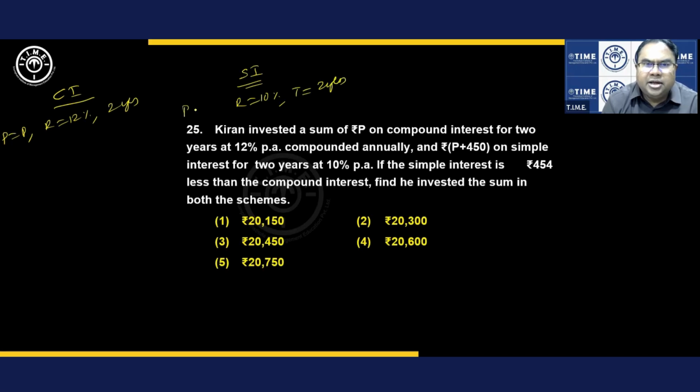He has invested P plus 450. Okay, simple interest is 454 less than compound interest. What is my compound interest? I can find 2 years net rate of interest. 12 plus 12, x plus y plus x into y by 100. Shortcut directly. 25.44%.